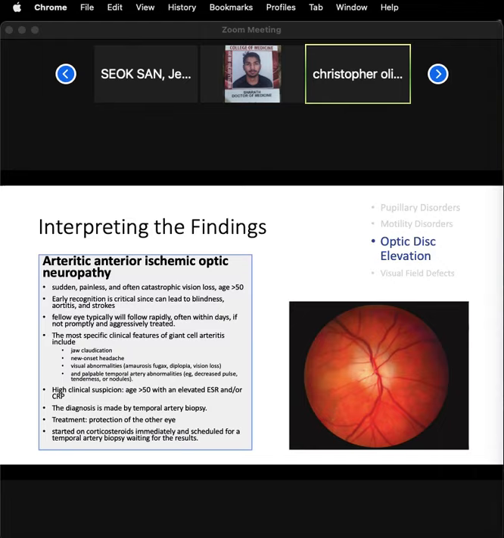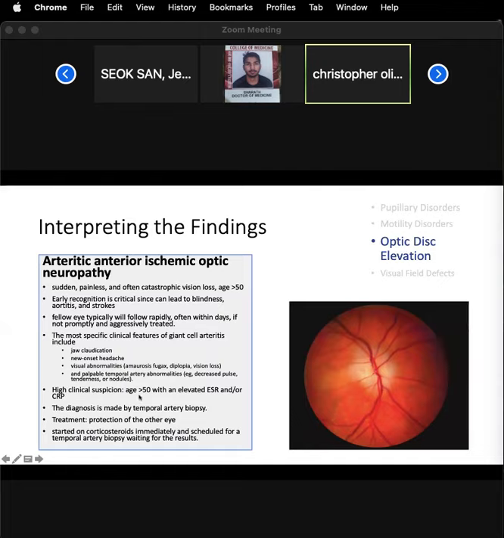There is also scalp tenderness. So you have a patient with messy hair, in pain, most likely elderly, you can initially consider GCA or giant cell arteritis, or arteritic anterior ischemic optic neuropathy.